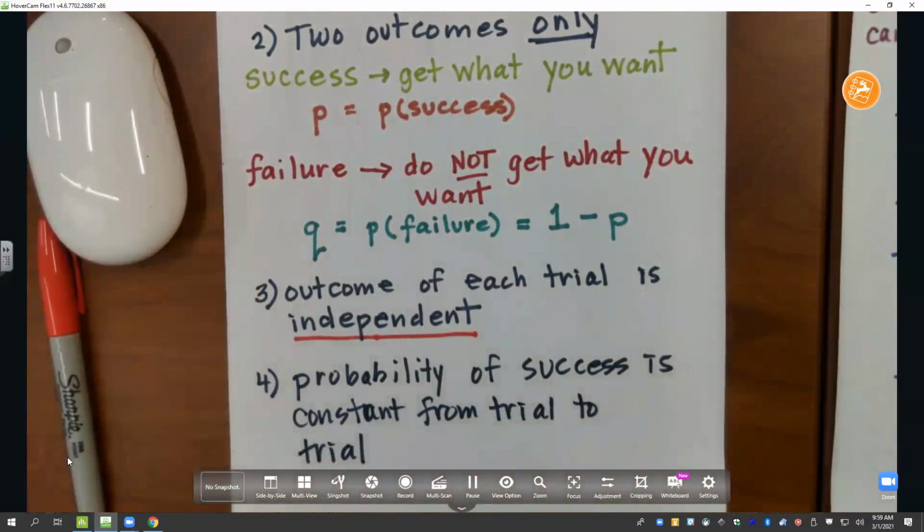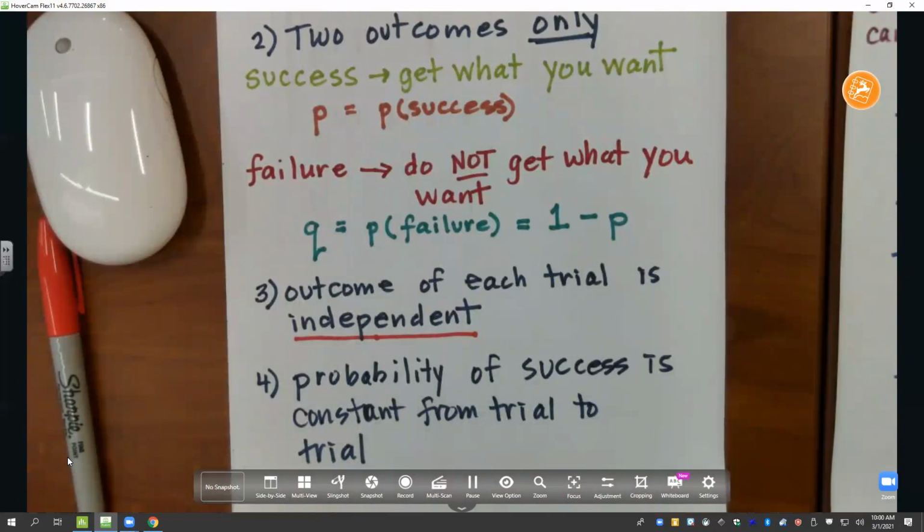Okay, so again, the idea of flipping the coin, we're flipping the same coin over and over and over again. We're not changing coins midstream. They're putting the cards back into the deck. Okay, so that I have 52 cards each time they draw. So the probability of success doesn't change from problem to problem.